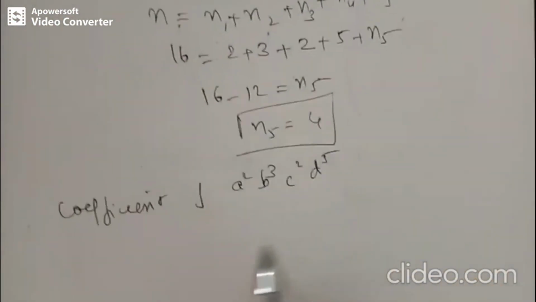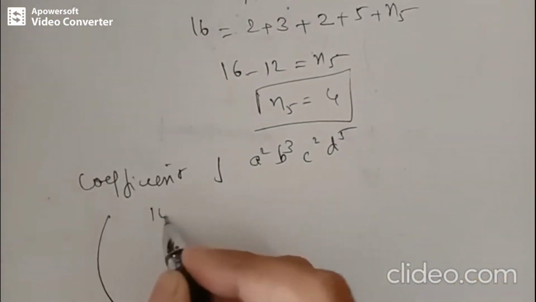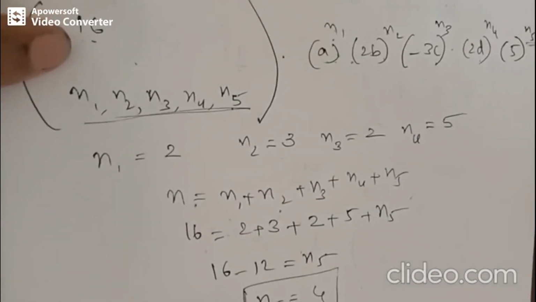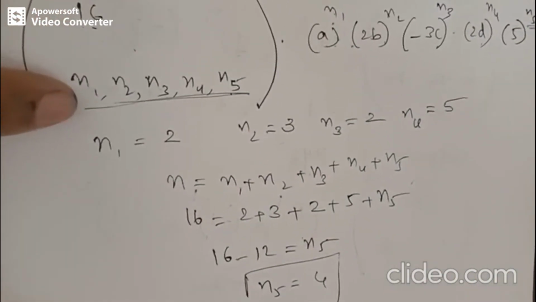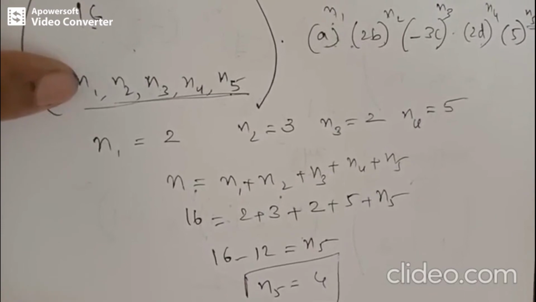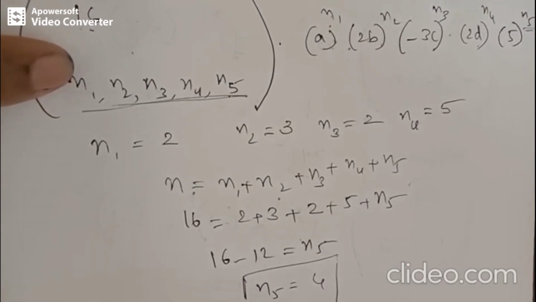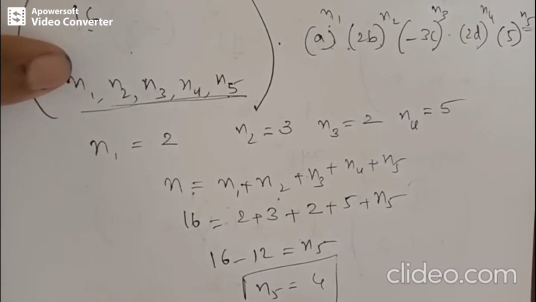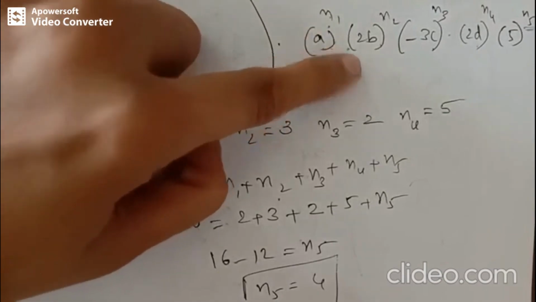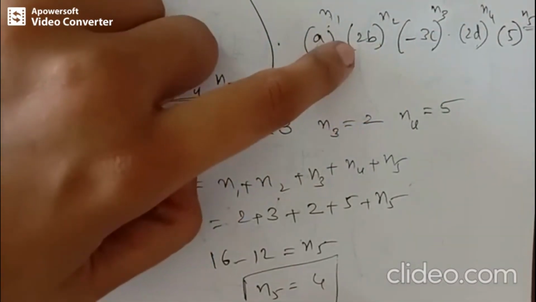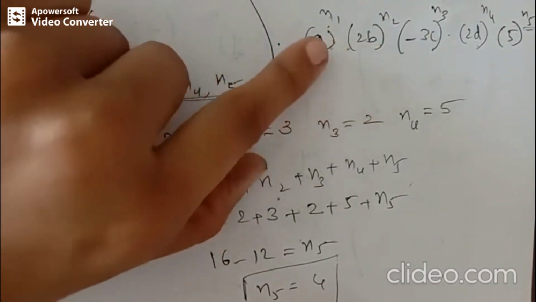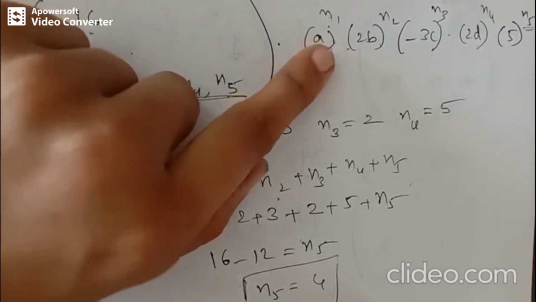Let's substitute what we get over here: n1 is 2, n2 is 3, n3 is 2, n4 is 5 and n5 is 4, into 2 raised to n2. You can observe the other terms are already obtained, that will be the a square, b cube, c square, d5.